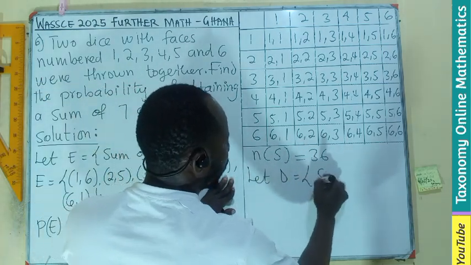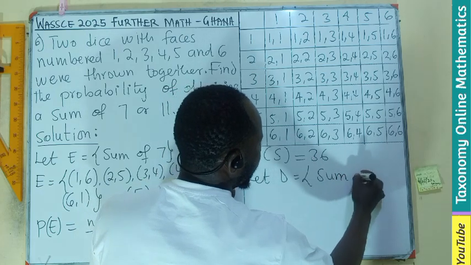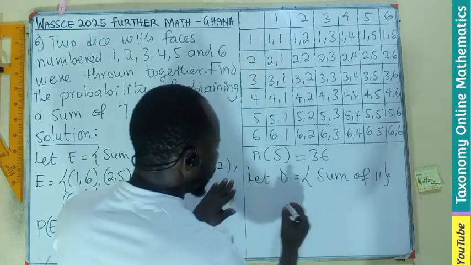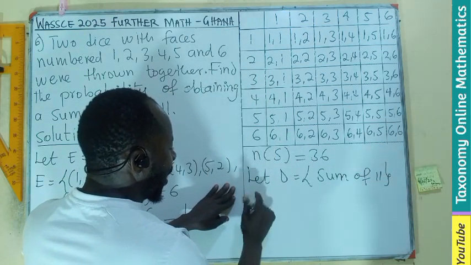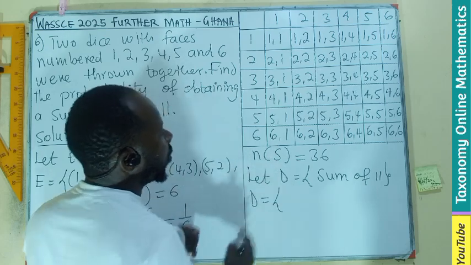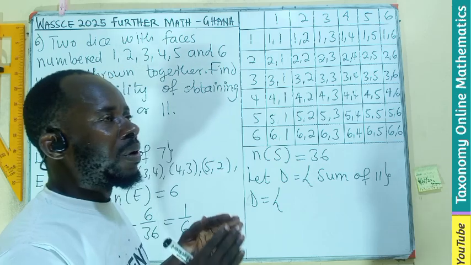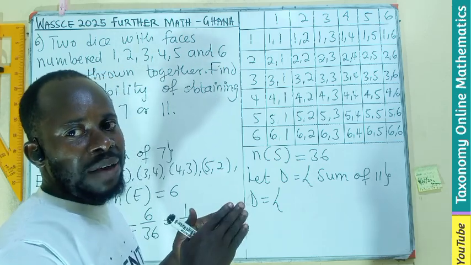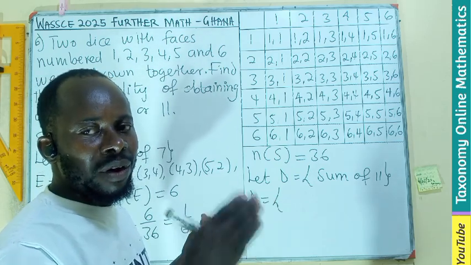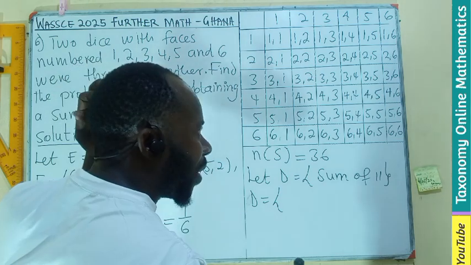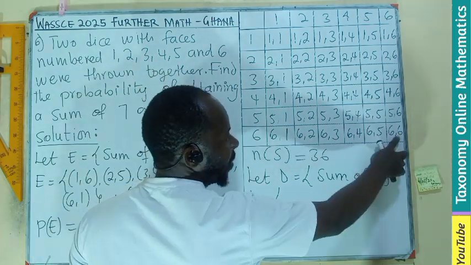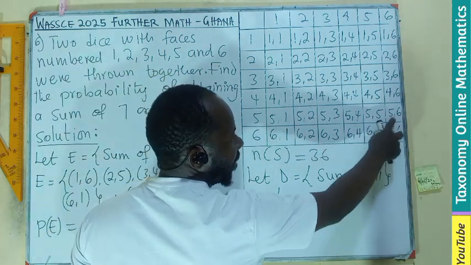Now let D equal the set of the sum of 11. Then let's find the elements of D, the sum of 11. We only have, beginning from 5, (5, 6), then (6, 5). If I want to get 11, this is 12, 11.